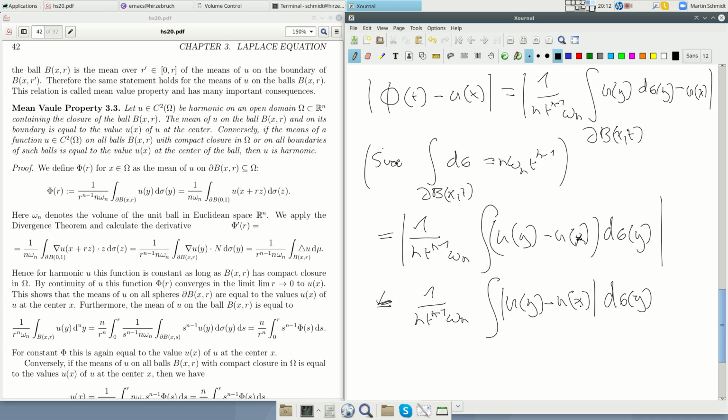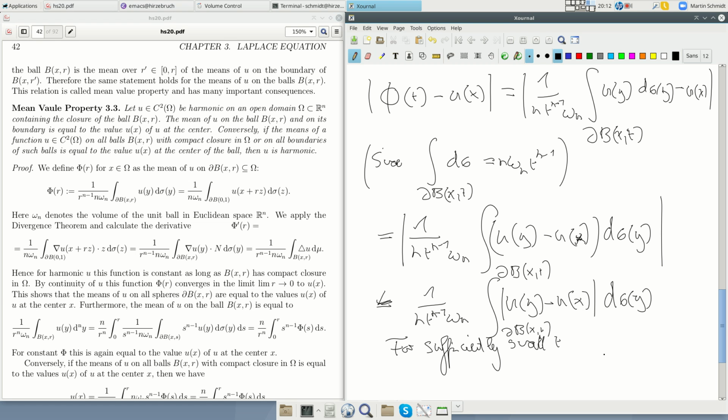Okay, and now for sufficiently small r, I forgot here, we have the boundary of B(x,r). This is contained in an arbitrary small epsilon ball or delta ball.